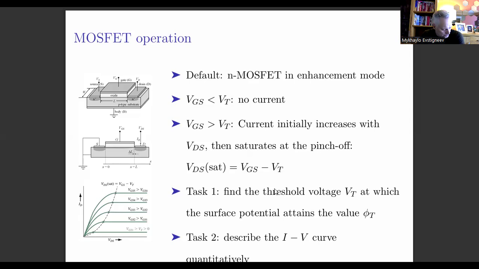The goals of this and the next 2 lectures will be to figure out the threshold voltage of a MOSFET and to be able to analytically describe, well, approximately, but it will be an analytical formula, the current voltage curve of a MOSFET.